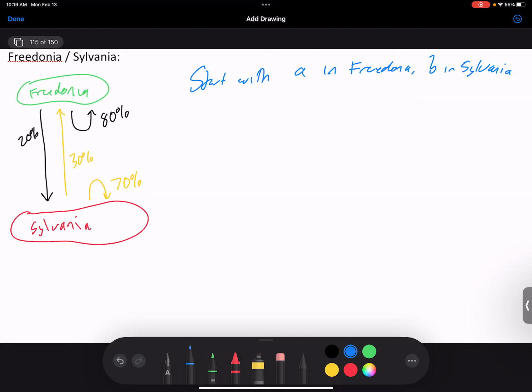So initially we had so many more people in Fredonia that it didn't matter that people were more likely to stay in Fredonia than Sylvania. You're going to have a lot more people leaving Fredonia for Sylvania. But what's going to happen as the population of Sylvania gets larger? So eventually the population of Sylvania will start to decrease, which means the population of Fredonia will increase. And so as the population of Fredonia increases, what's going to happen?